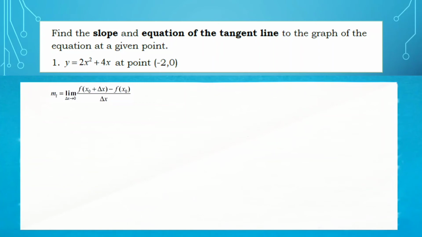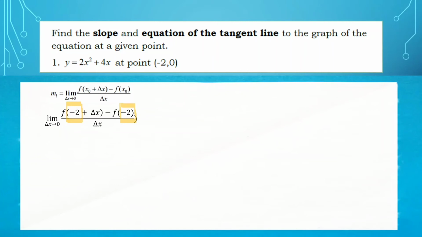After identifying, we substitute: the limit of f of negative 2 plus change of x minus f of negative 2, over change of x. As you can see from the formula of the slope, our x sub 0 is now negative 2.